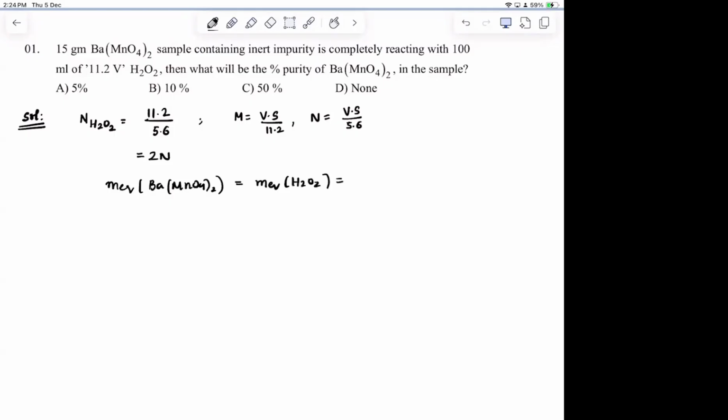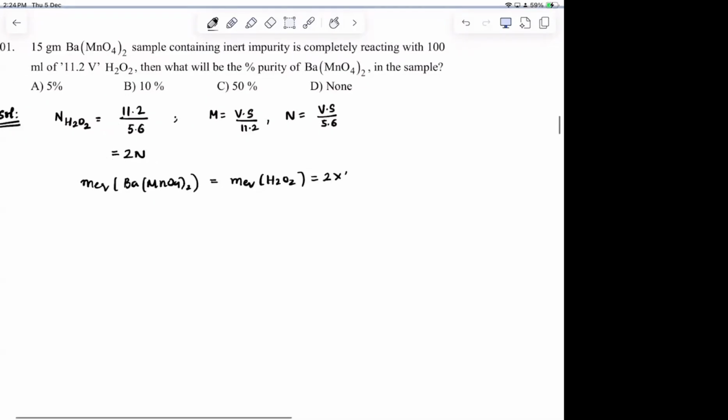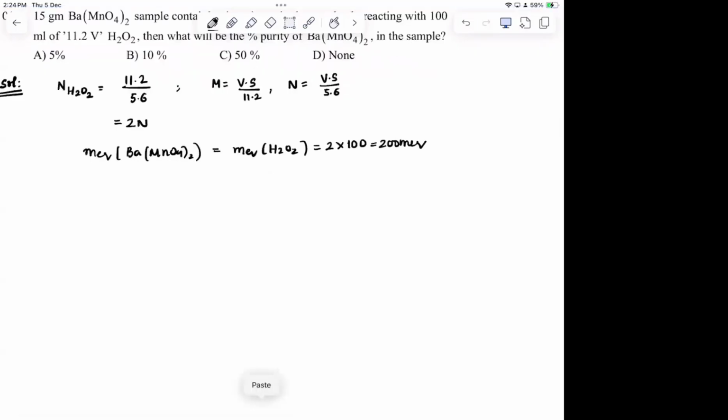So in this case, peroxide is having 2 normal into volume taken as 100 ml, right? So that will make it 200 milli equivalence. And if it is 200 milli equivalence, then for the moles, we need to check out what is the valency factor for this one, right?